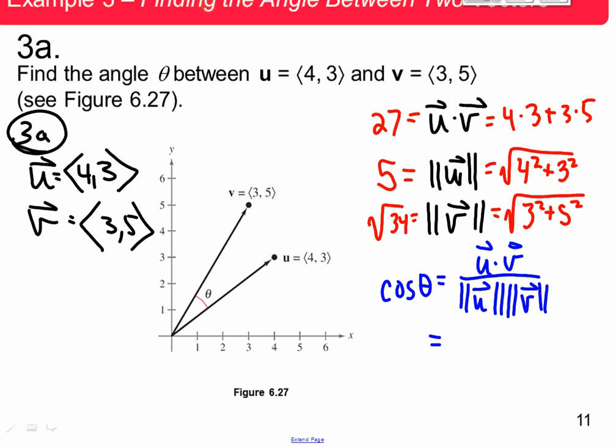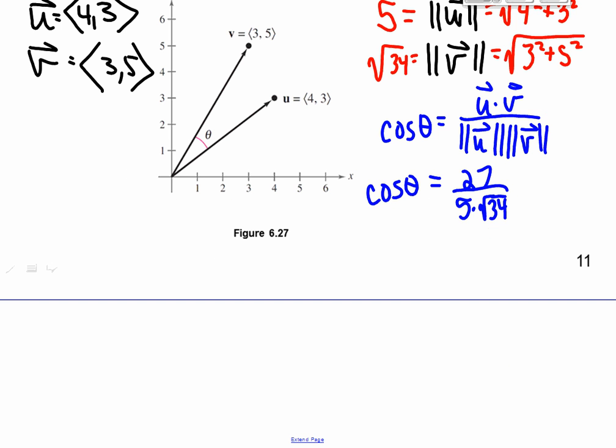And so that is 27 over 5 times the square root of 34. Do we have to rationalize that denominator? I wouldn't, but you sure can. I'm just using this to find theta, so I don't even have to simplify it. So theta is going to be the inverse cosine of 27 divided by 5 square root of 34.